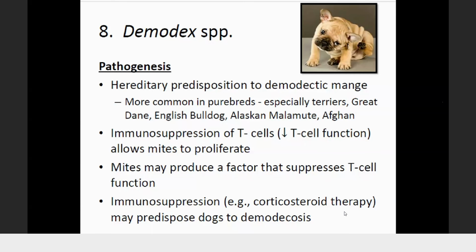And then there is immunosuppression of T cells, which reduces T cell function, allowing mites to proliferate. Mites may produce factors that suppress T cell function as well. And then there is targeted immunosuppression, for example post-steroid, or in diseased dogs, or endometriosis.